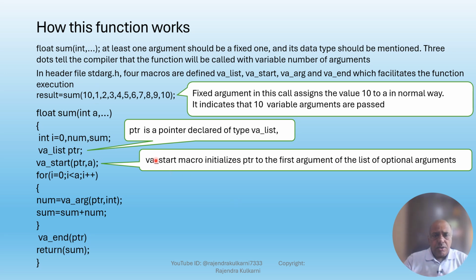So when the statement va_start(ptr, a) is executed, the va_start macro will initialize ptr to the first argument of the list of optional arguments. So ptr will be pointing towards 1 in this function call, because from 1 our variable number of arguments start.